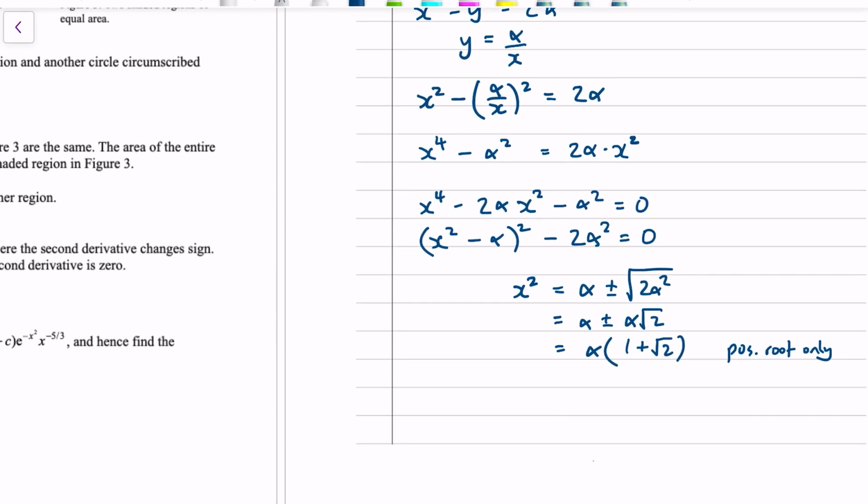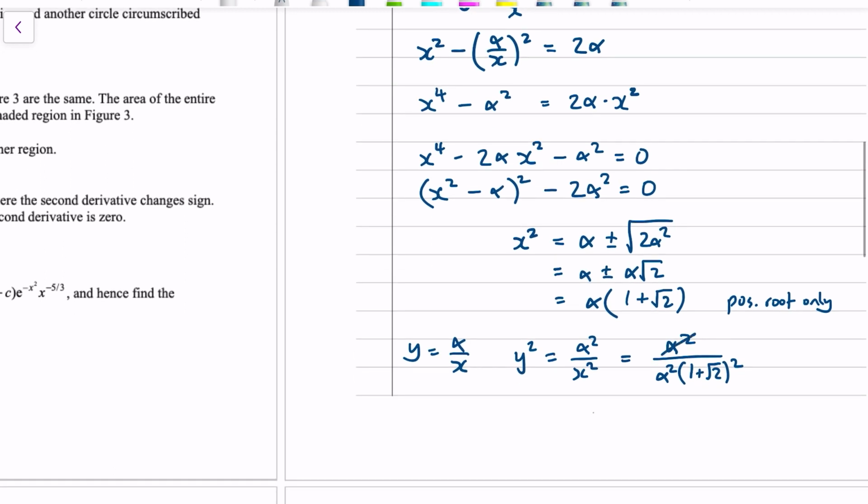And remember that y was equal to alpha over x for this particular one. So y squared is equal to alpha squared over x squared, which when we substitute the x squared bit in here, we've got alpha squared over alpha squared times 1 plus root 2 all squared. The alpha squareds cancel. Was I expecting that to happen? It's kind of interesting that it didn't square when I had the x squared.